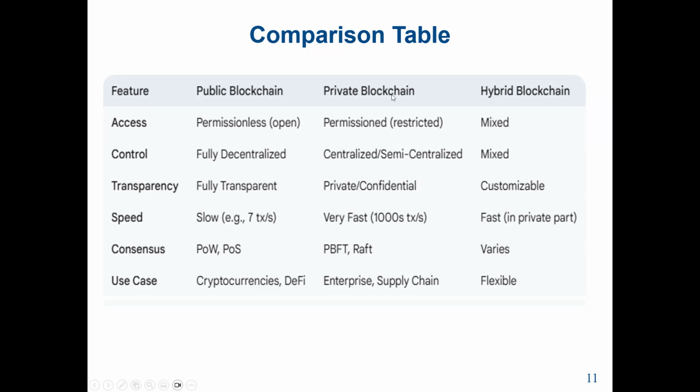Then private is restricted. Hybrid, as we said, is mixed. Some data may be private and some may be public. Then control. Public, we say, is fully decentralized. Private is centralized or semi-centralized. But hybrid, again, is mixed.